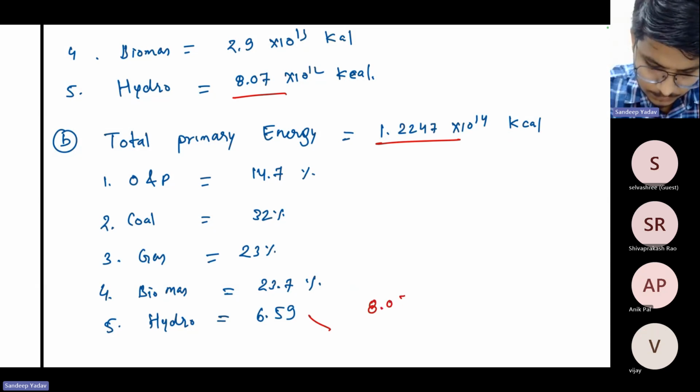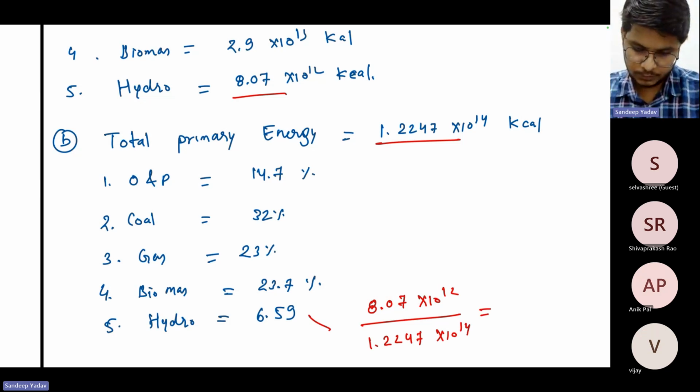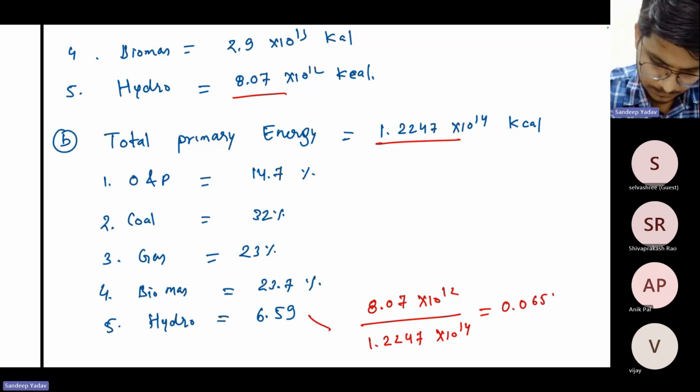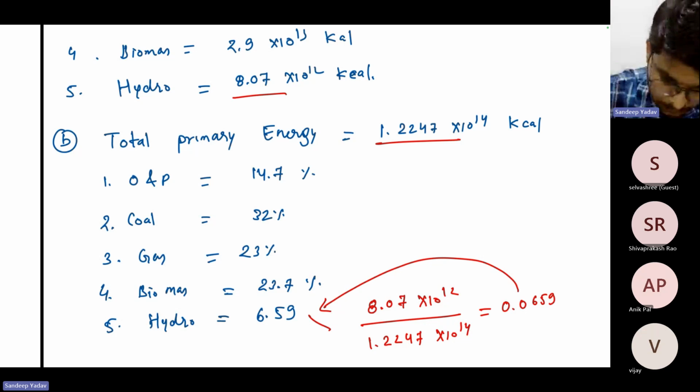So 8.07 into 10 raised to power 12 divided by 1.2247 into 10 raised to power 14, the total percentage will be 0.0659. So it is similarly coming like this. Now it's clear how this percentage is calculated. So all the things are the same.